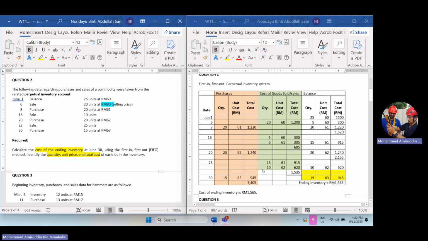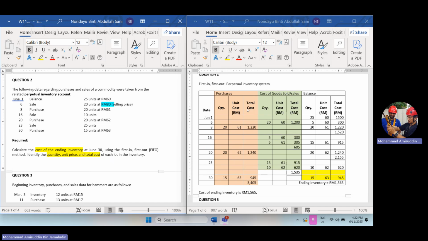So I have this so-called inventory card or stock card. It is a powerful table to explain how much you have in the stock, and how much is the cost of goods sold for these particular transactions.